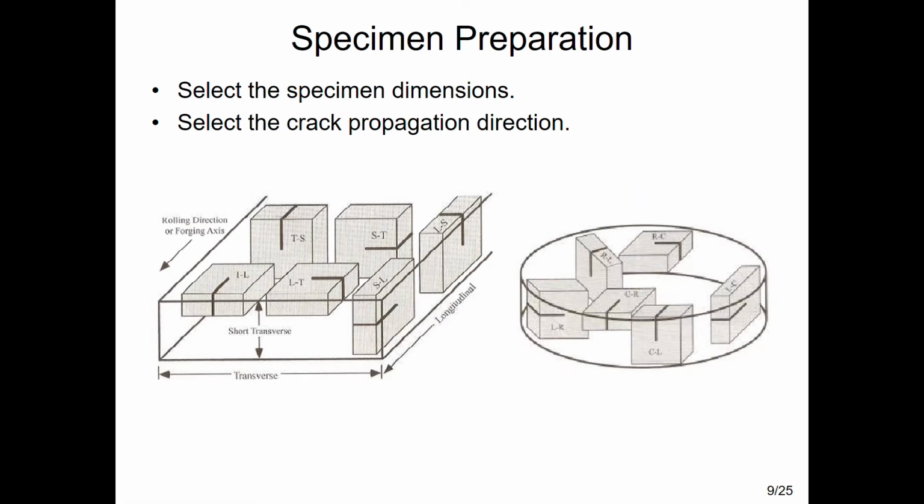Okay, for the specimen preparation, first you need to select the specimen dimensions. Of course, the specimen dimensions, you have to refer also to the capability or the limitation of the machine. And then you need to select the crack propagation direction.